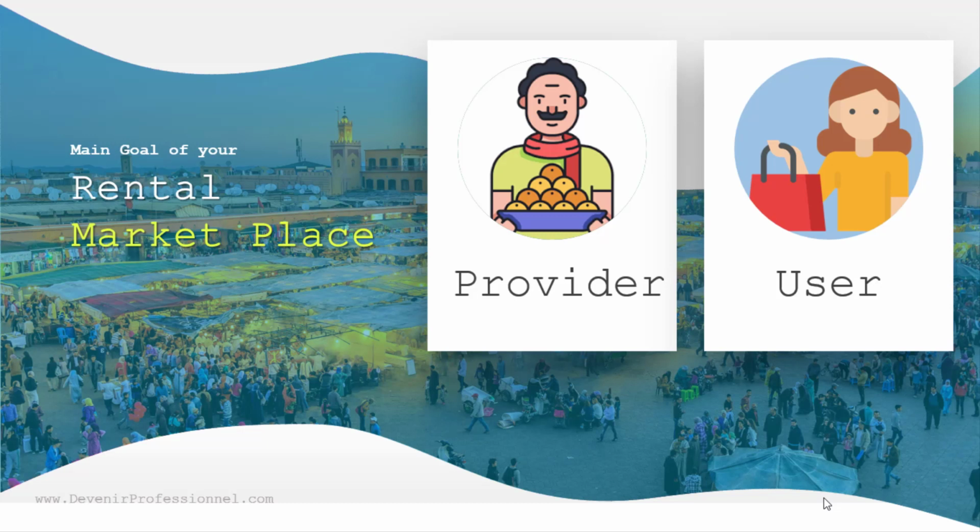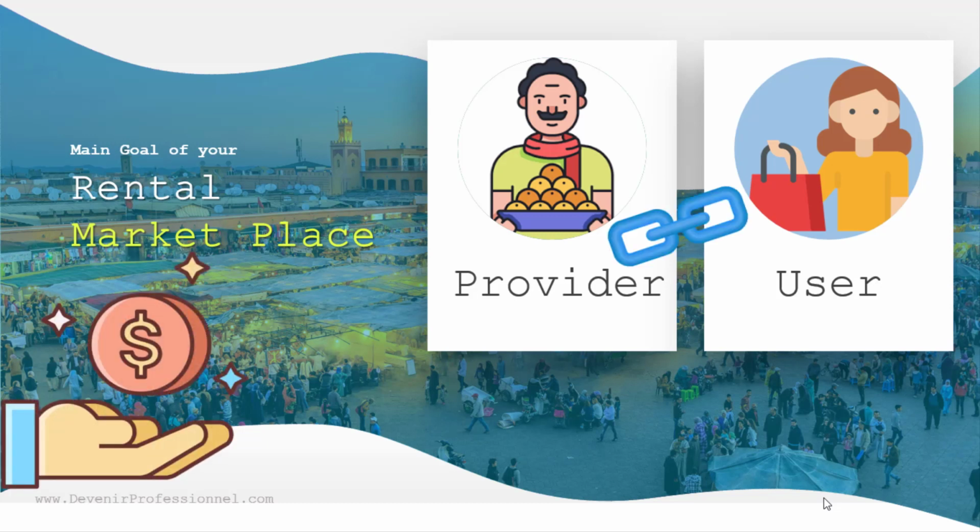Also, the user owning properties gets an additional income. So the renter gets the opportunity to rent expensive items that he cannot buy, and the provider gets an additional income. And your platform itself gets a commission for connecting the two.